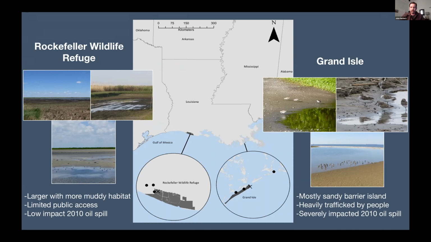They will have some tidal pools to forage in and the beach to forage in, and even in this picture here, I observed them foraging in a parking lot a few times, and so there's limited foraging habitat available there. And additionally, it was severely impacted by the 2010 oil spill. So based on all these factors, we're making the assumption that habitat quality is higher at Rockefeller compared to Grand Isle at these two stopover sites during spring migration.